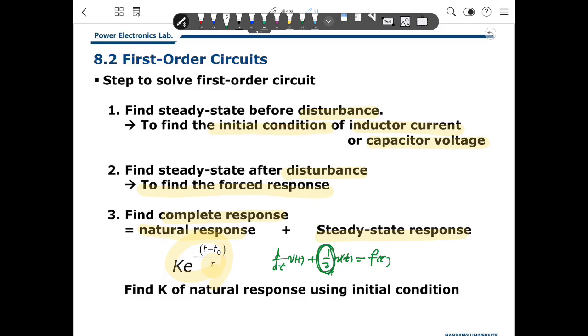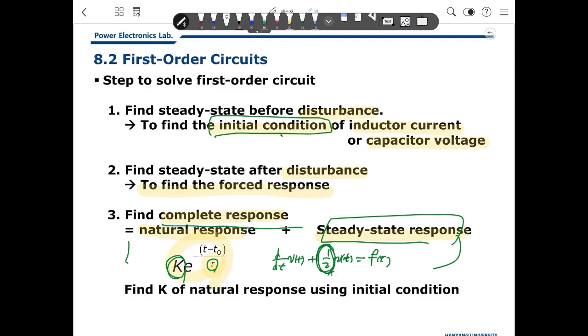This is a parameter based on the capacitor or the inductor or the resistor in the circuit. Then we already know their values. The only remaining unknown thing is the K. K can be obtained using this initial condition here. So we insert the condition in this equation and get the K. So we get the complete expression. That is a simple way.